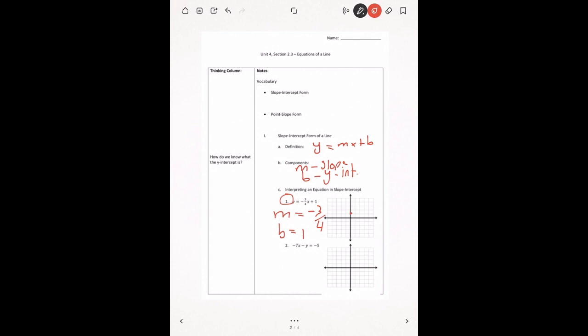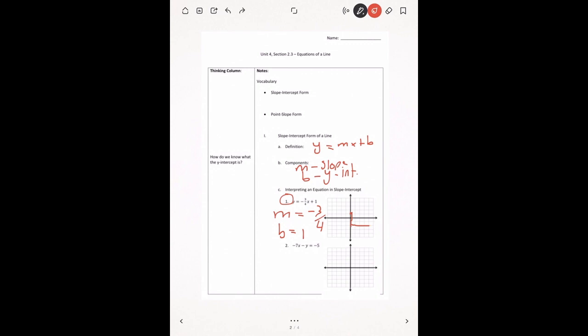Now my slope is going to tell me where to find that next point. The slope says to go down 1, 2, 3 values and go over 4: 1, 2, 3, 4. Right about there, close enough.